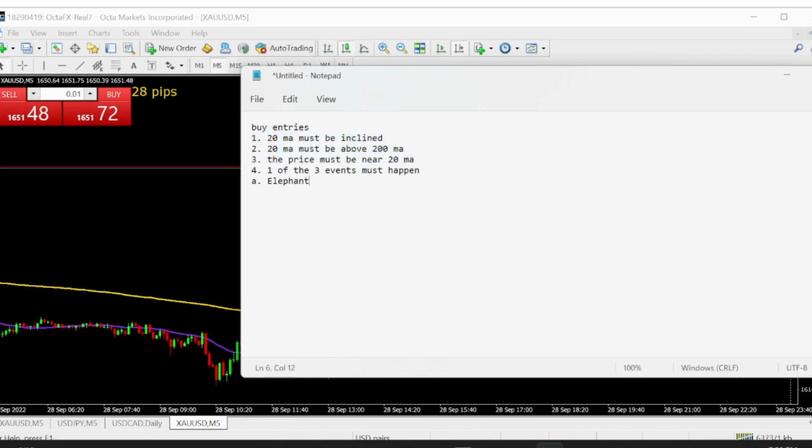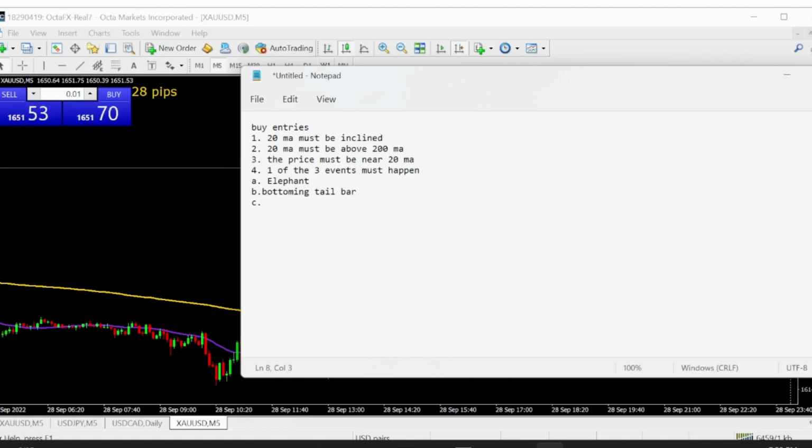Okay, if it doesn't produce an elephant candle but produces a bottoming tail bar, then we'll also make the buy entry.